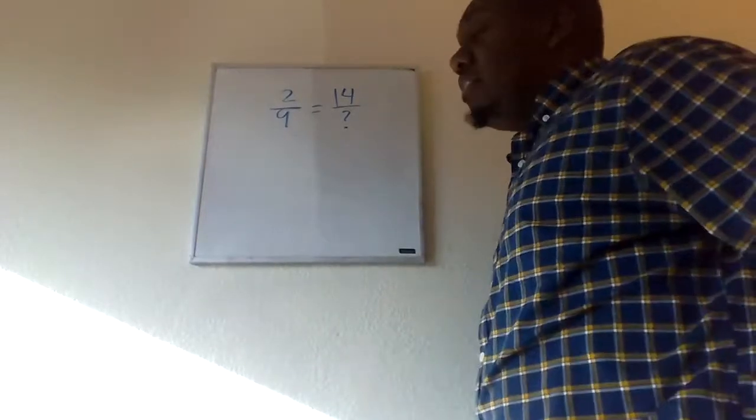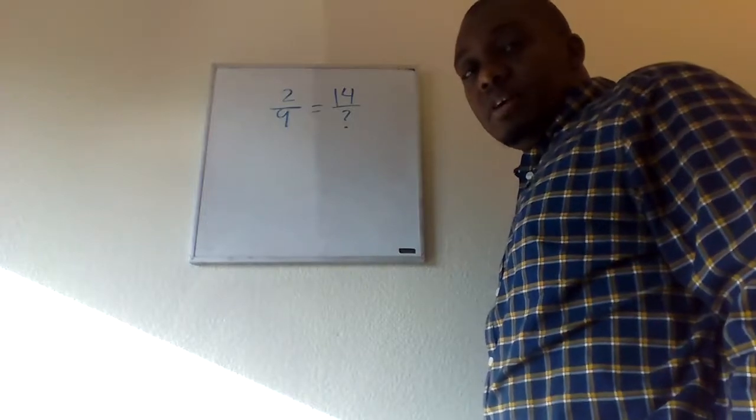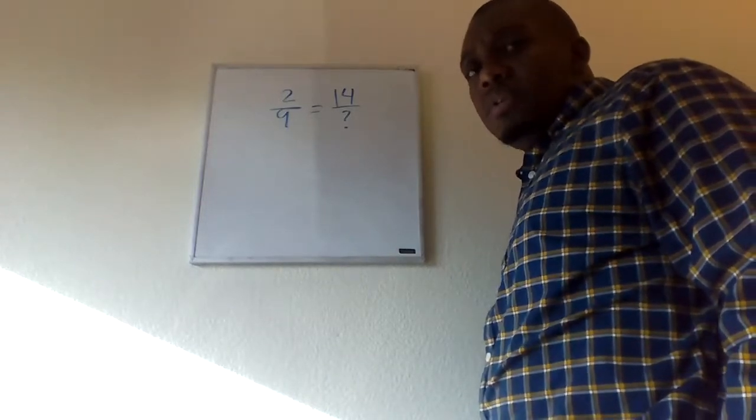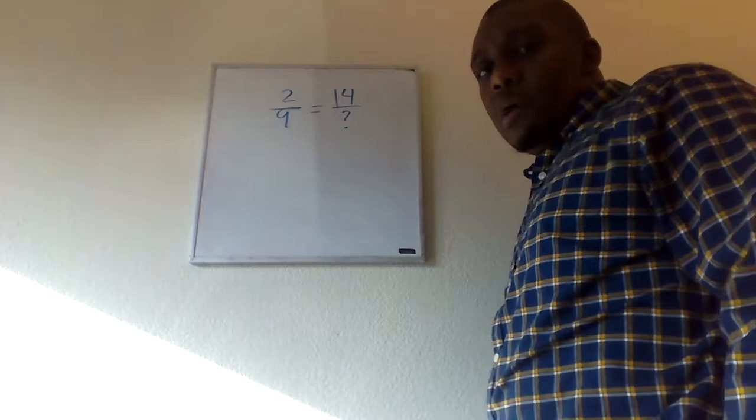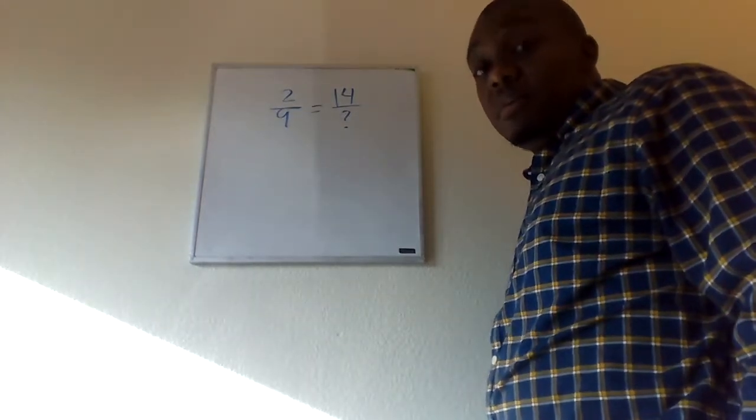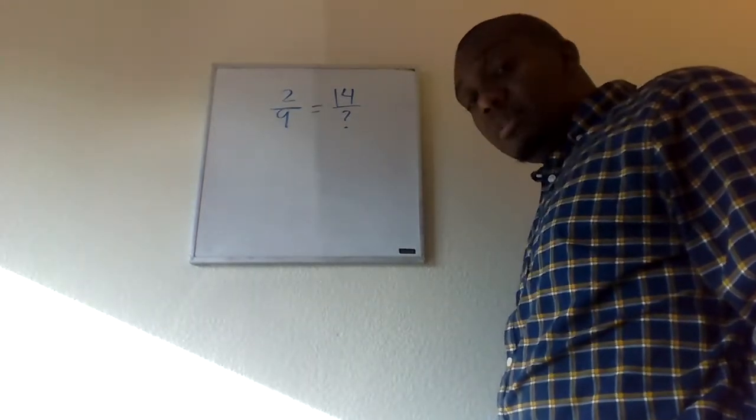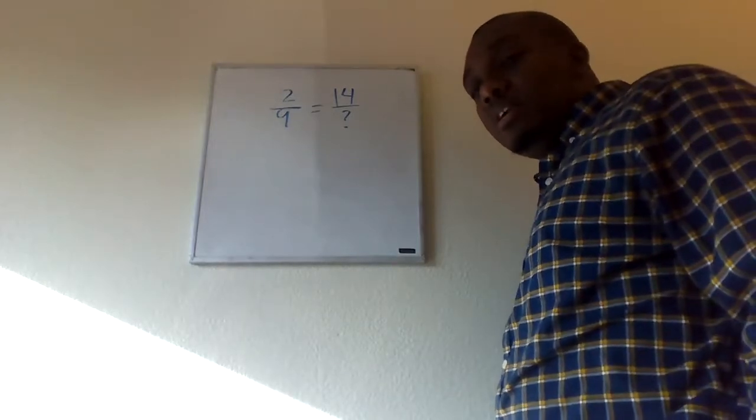All right, so we have 2 ninths equals 14 over some other number. Well, last time we looked at it, we were looking for the numerator. Why are we looking for the denominator this time? Because it doesn't matter which one you're looking for. The principle has to be the same for equivalent fractions.